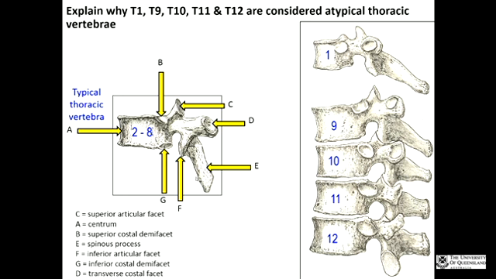So what we haven't really mentioned up until this point is the articular facets. Remember, the vertebrae have a pair of superior articular facets that articulate with the pair of inferior articular facets from the vertebra above. And those, again, are small, basically flat, plane joints, synovial joints.